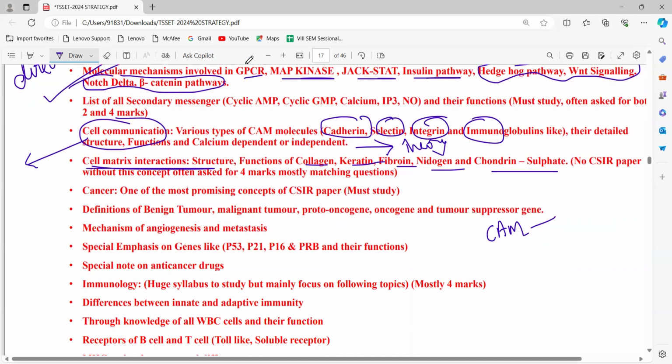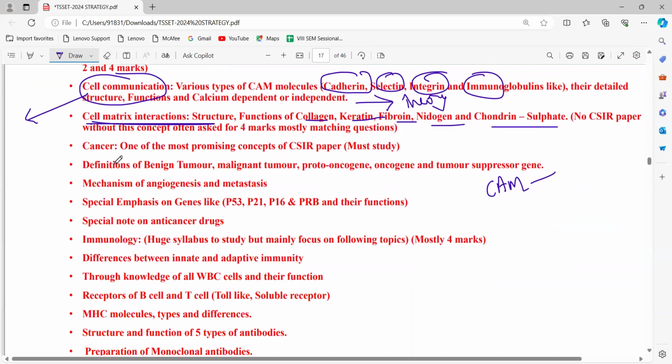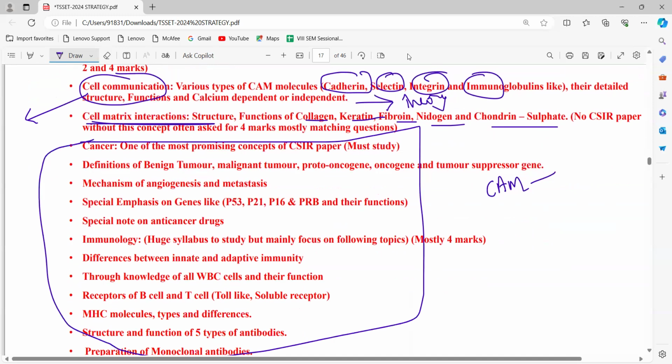Now, you all feel that the very difficult units are cancer and immunology. Especially immunology will be so difficult for everyone, because they ask questions in great depth and it is a very difficult concept. When you are reading cancer, you have to understand the differences between the normal cell and the cancer cell.